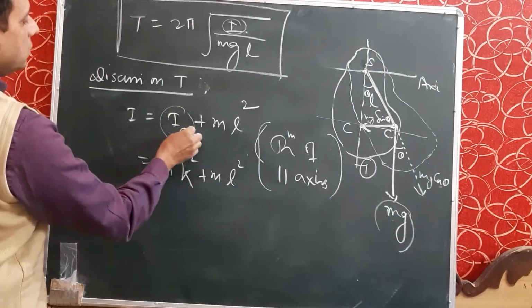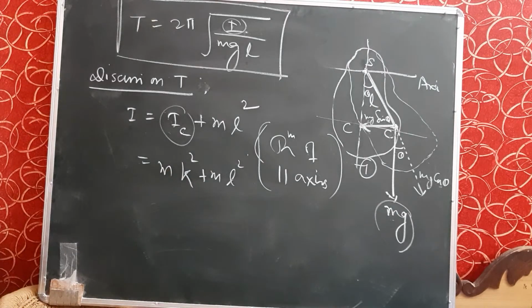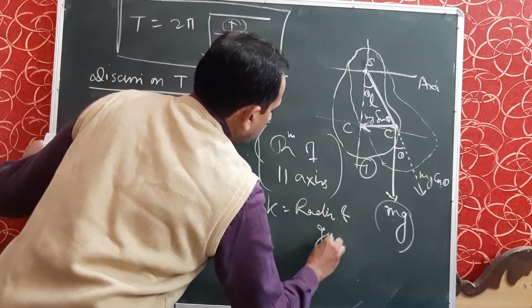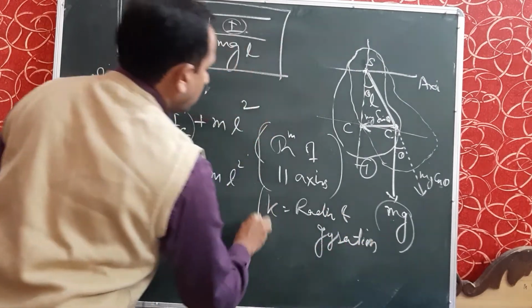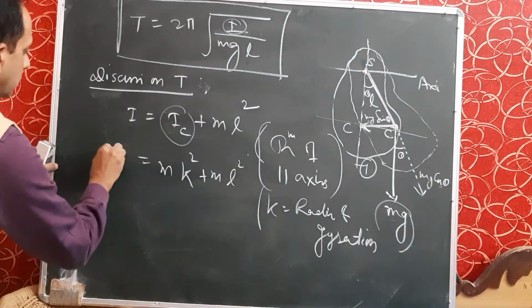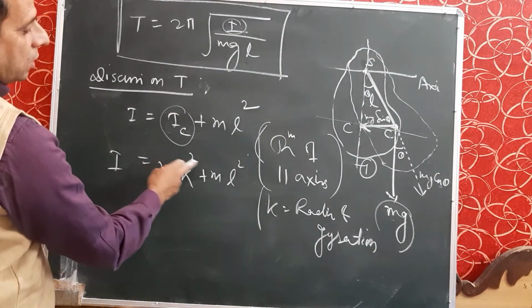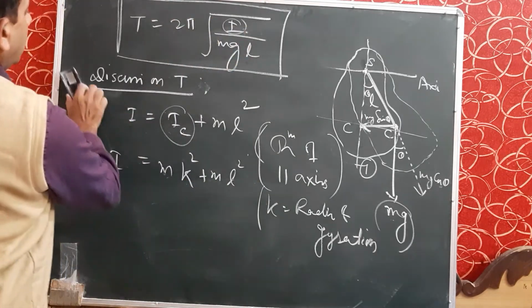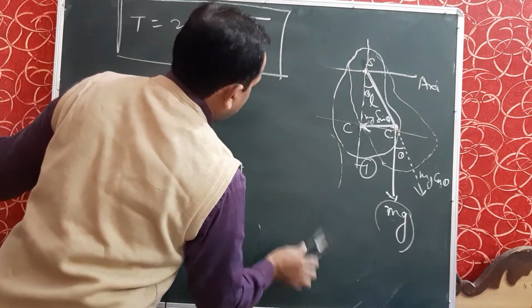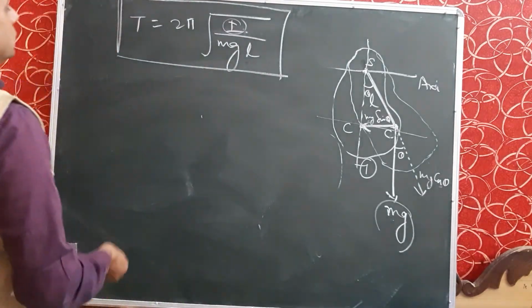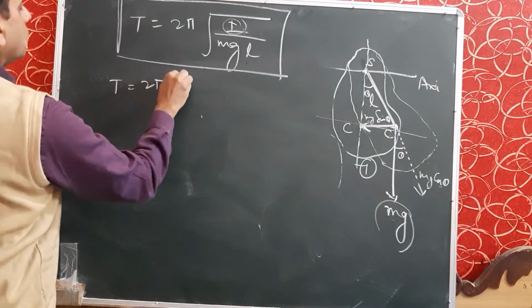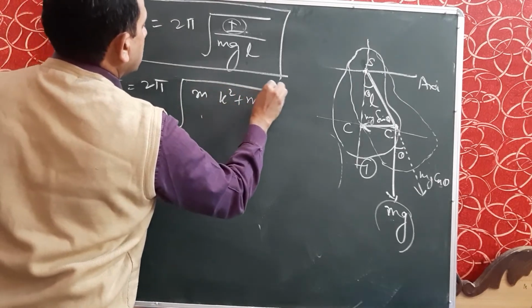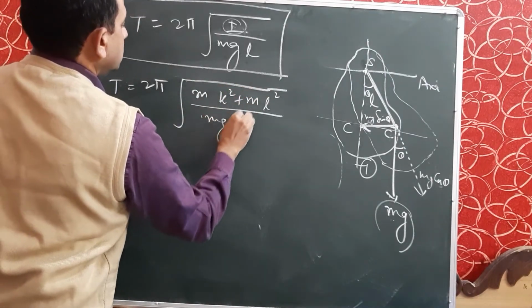So what is this K? K is the radius of gyration. You know that K is the radius of gyration. So this I is the sum of mK² plus mL². You have to put this value of I in this equation, and you will find another formula for time period. So T becomes 2π into the square root of (mK² plus mL²) over mgL.